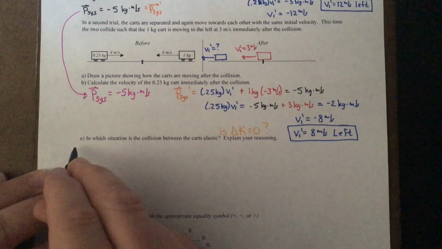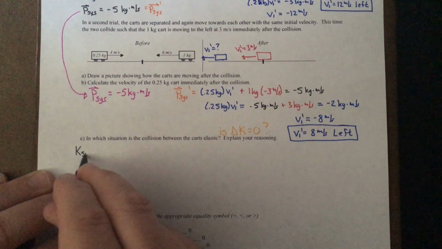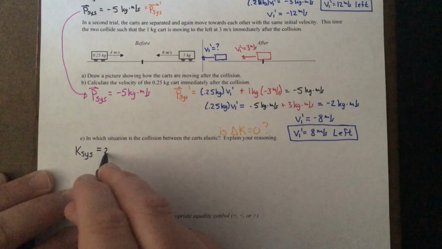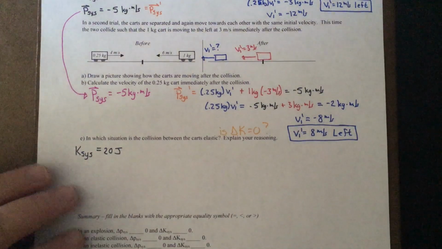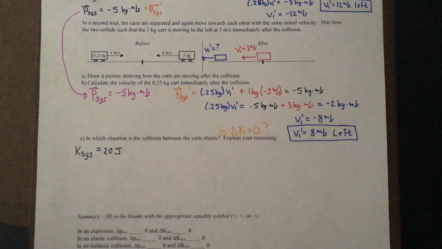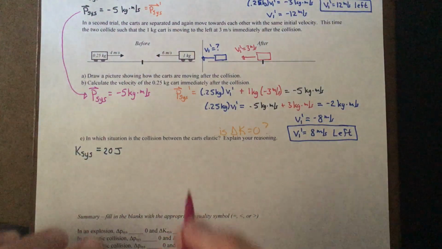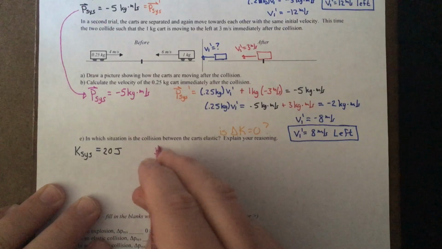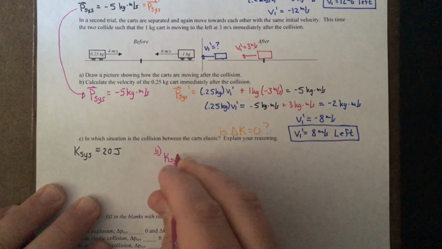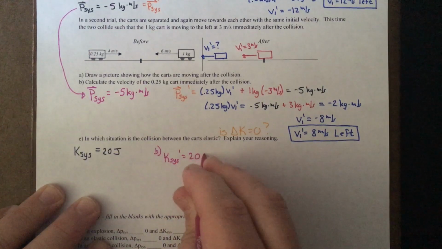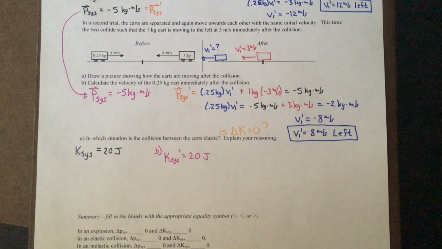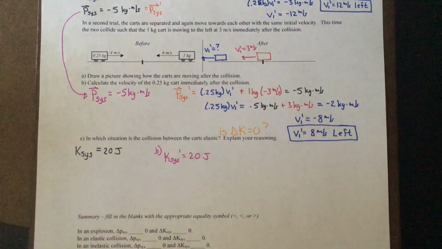But using the original information, the kinetic energy of this system is 20 joules. In the first scenario, like in part B, the kinetic energy of the system after the collision is 20 joules.